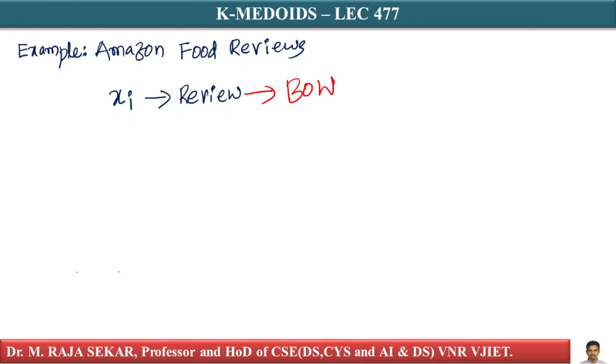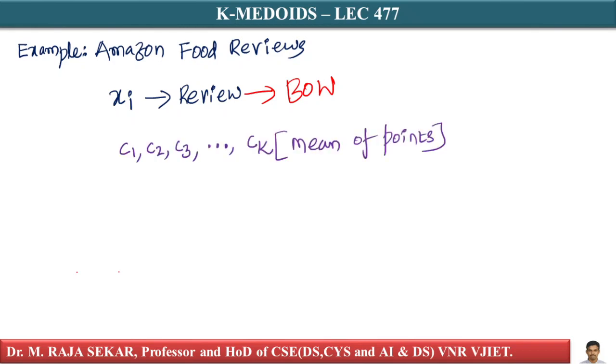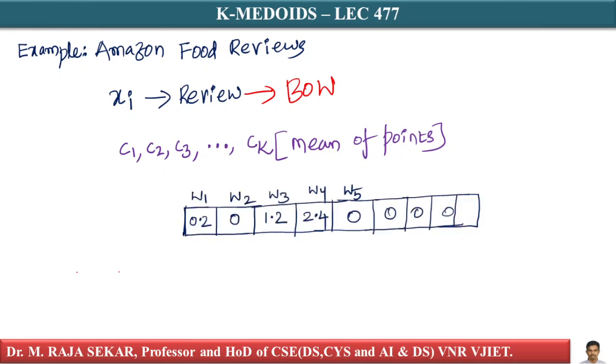Your C1, C2, C3, so on, Ck are all computed using the geometric center point. I can say mean of points, isn't it? C1, C2, Ck are mean points. Let's take C1 itself.